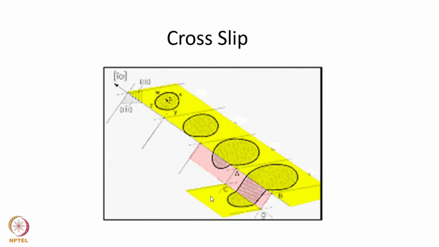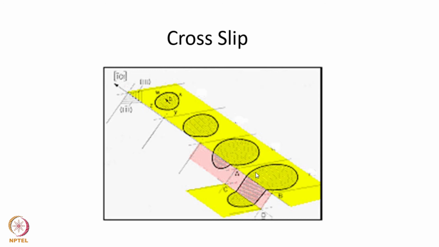Okay, so this process of the dislocation crossing over to another slip plane having a common slip direction is known as cross slip, and this is a process which can actually aid the dislocation movement, right? Because it can easily cross over from one slip plane to another, and as a result of that, the movement of dislocations becomes easy, right?